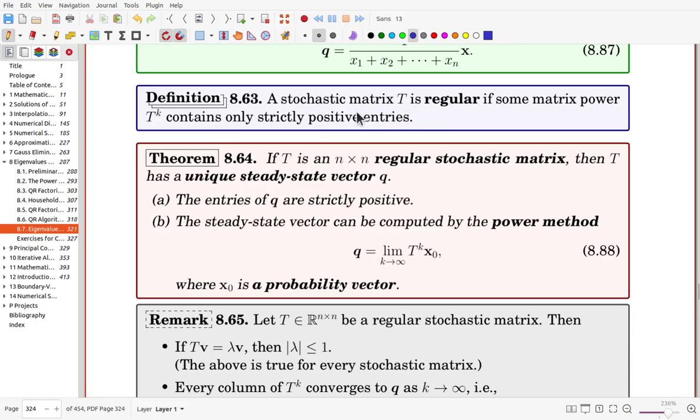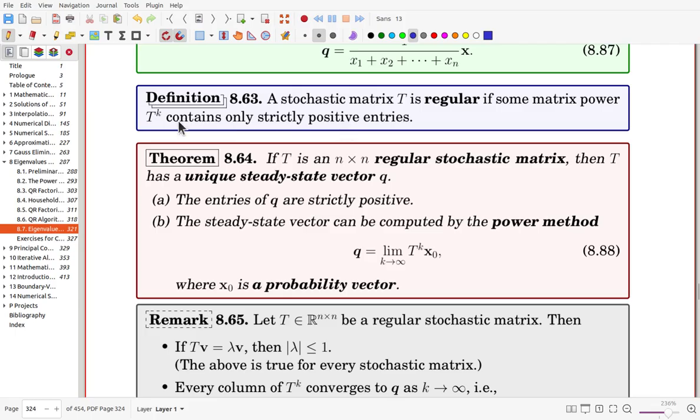Now, a stochastic matrix is regular if some matrix power T^k, for some k, contains only strictly positive entries.